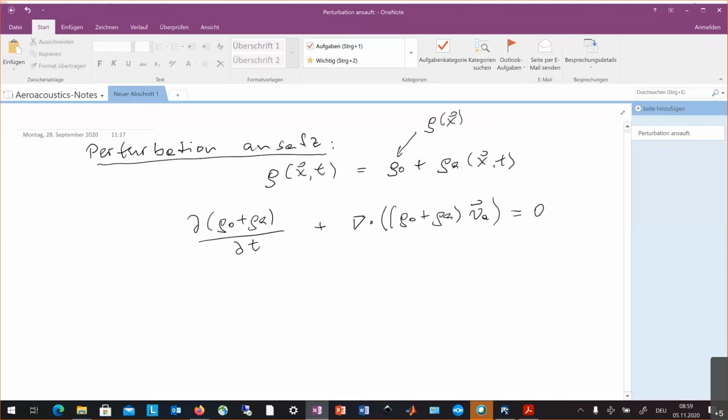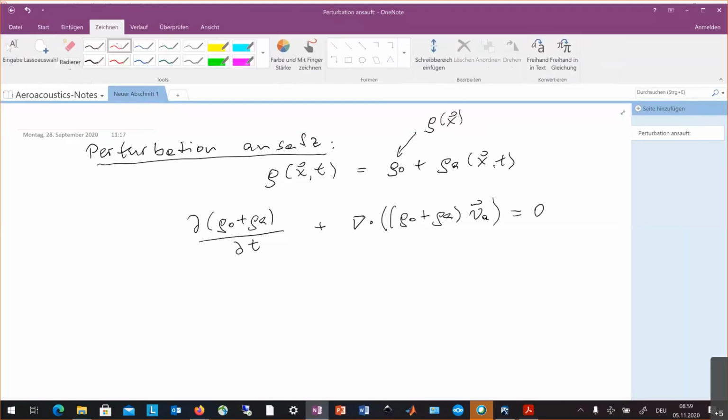The first term is not a big issue because we have a partial derivative with respect to time.